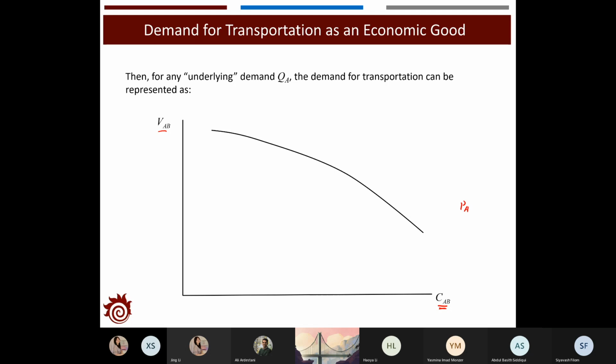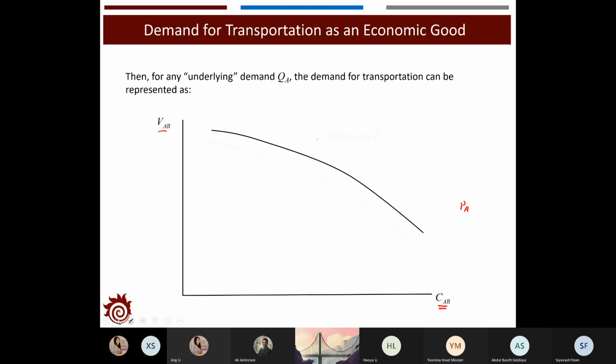And of course, with a higher cost of transportation, the volume from A to B will be smaller. So that's the reason you're going to observe a decreasing curve in the relationship of VAB and CAB.